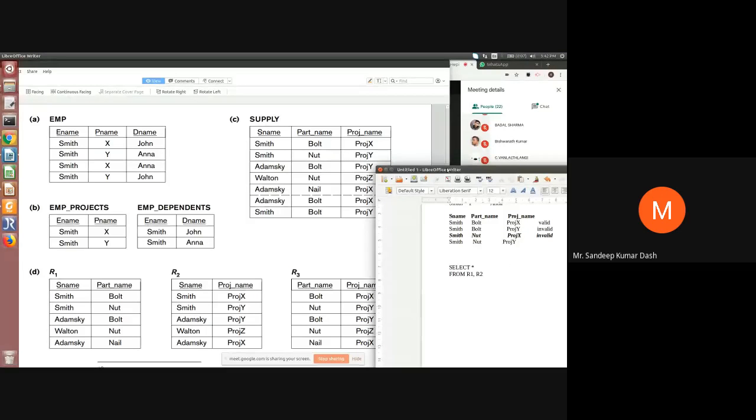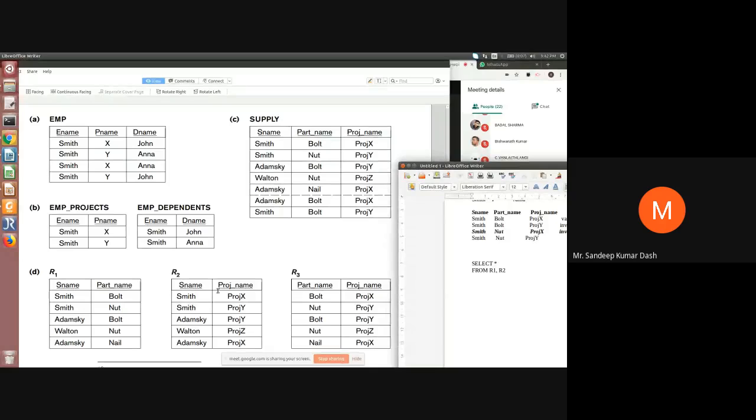But if you divide the relation into R1, R2, R3 like this, and if you combine all the relations at a time, then you will not get this particular row, which we also proved. When I am combining all these three together, first any two will be combined, say R1, R2 is getting combined, then you have to combine this R3 with this resultant, because this is the resultant of R1 natural join with R2.